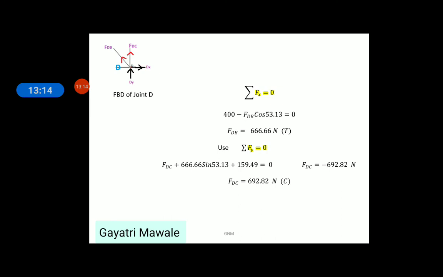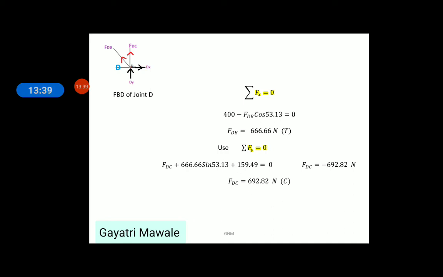To find out forces in the remaining members, let us now draw FBD of joint D. For the FAD member, we know that force is 0. So I have marked that force as 0 in this FBD. Forces in BD and DC members we have assumed are tensile.